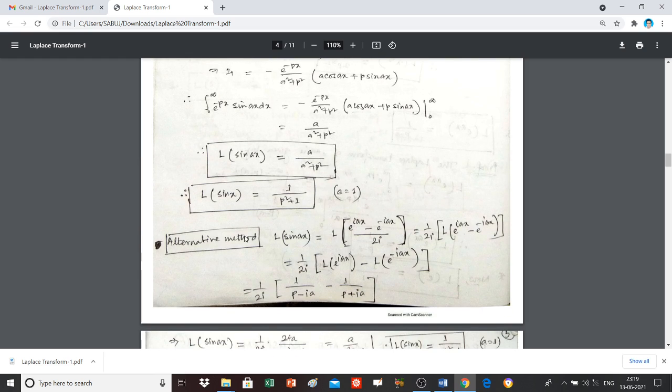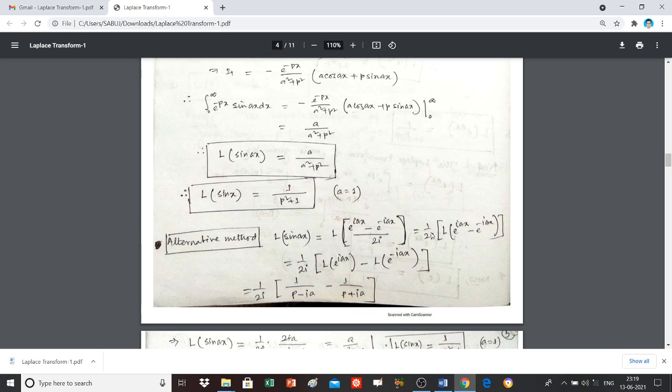So here is the Laplace transform of sin ax. You can write sin ax as e to the iax minus e to the minus iax by 2i. Sin ax can be written in this fashion; you know this formula, and then 1 by 2i is there. Since it is an algebraic sum of two functions, the Laplace transform of the two functions can be written this way.